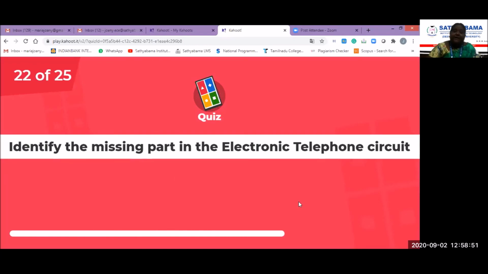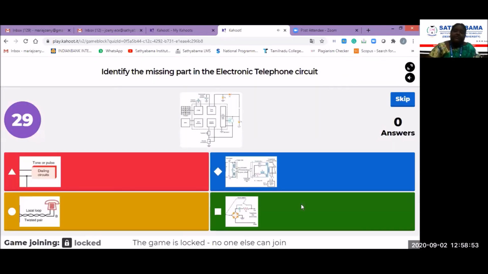Identify the missing part in the electronic telephone circuit. The part is missing here. Identify the circuit. Out of the 4, which is going to be the circuit here?